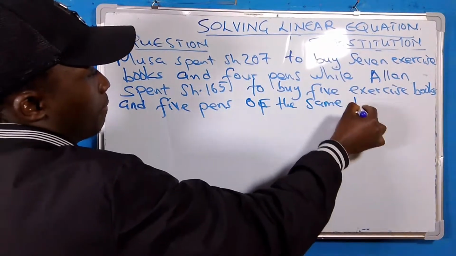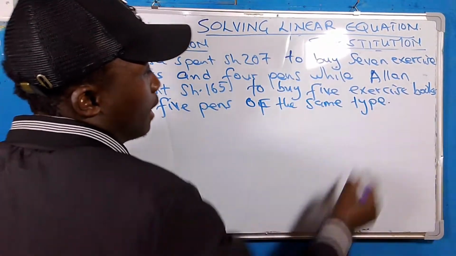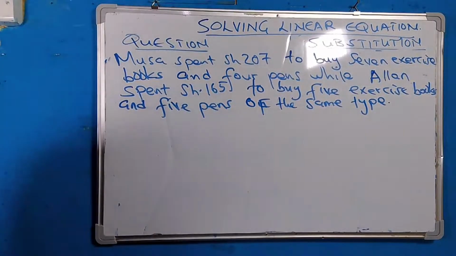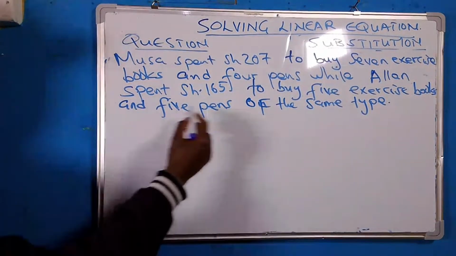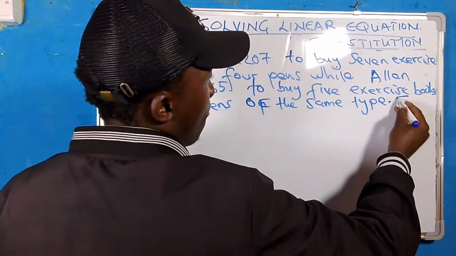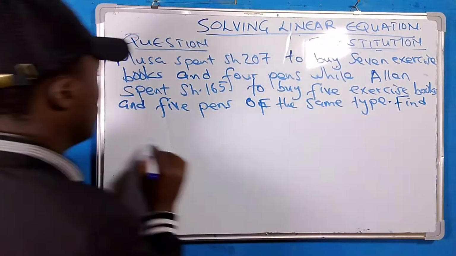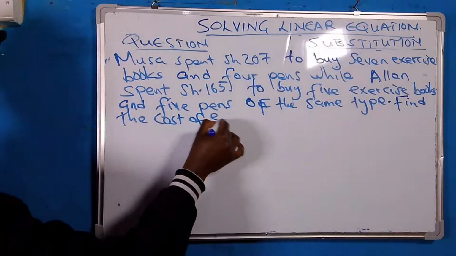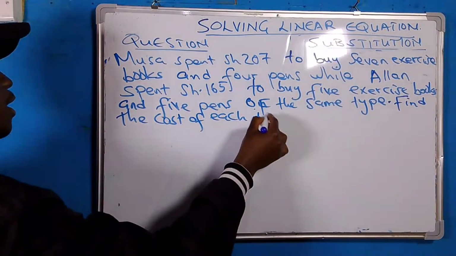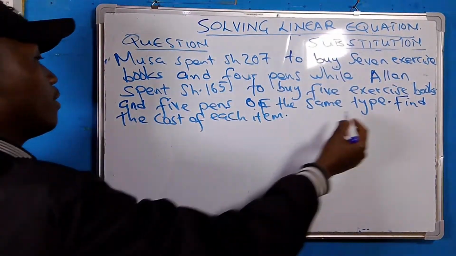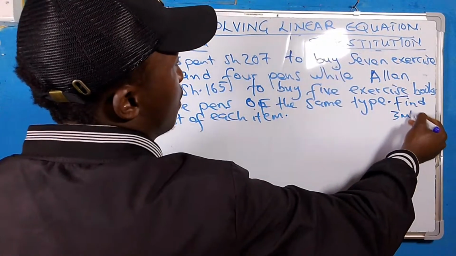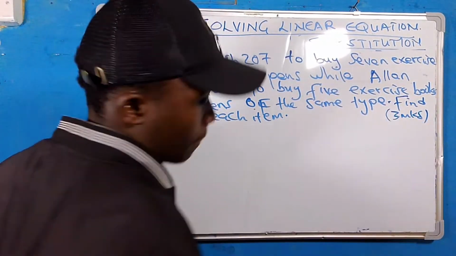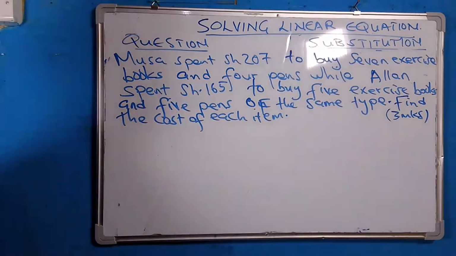Find the cost of each item. 3 marks. So let us do that question all together.